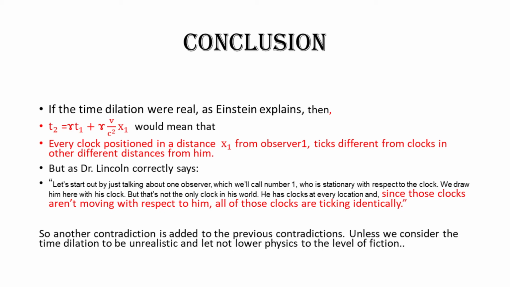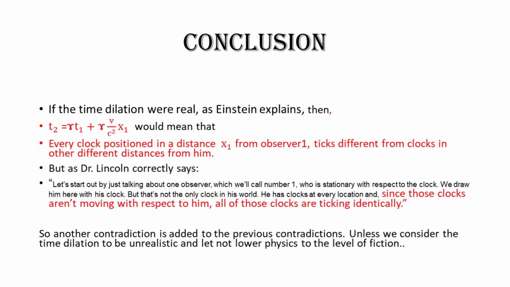But as Dr. Lincoln correctly says, let's start out by just talking about one observer, which we'll call number 1, who is stationary with respect to the clock. We draw him here with his clock. But that's not the only clock in his world.